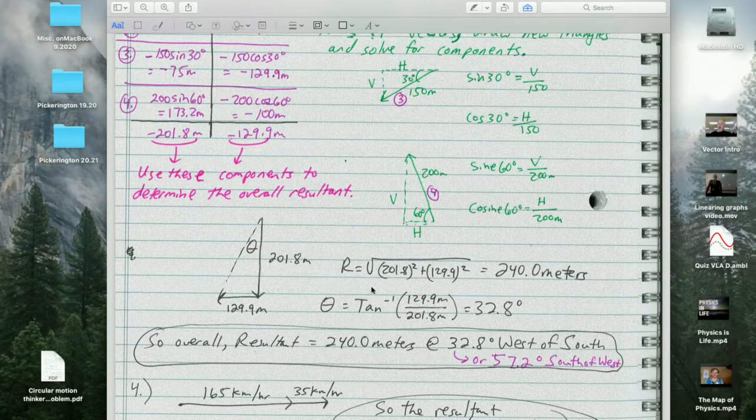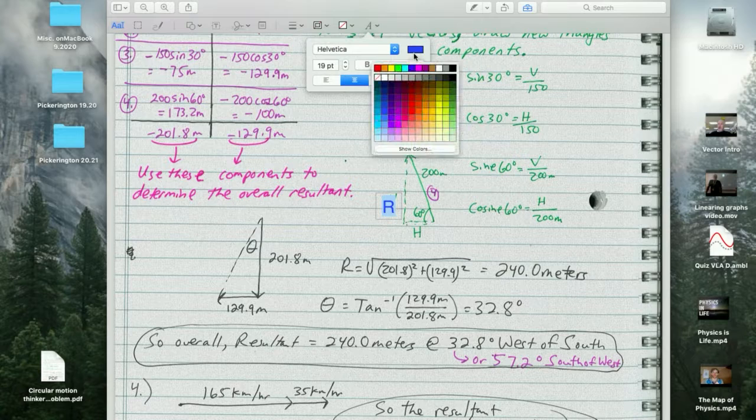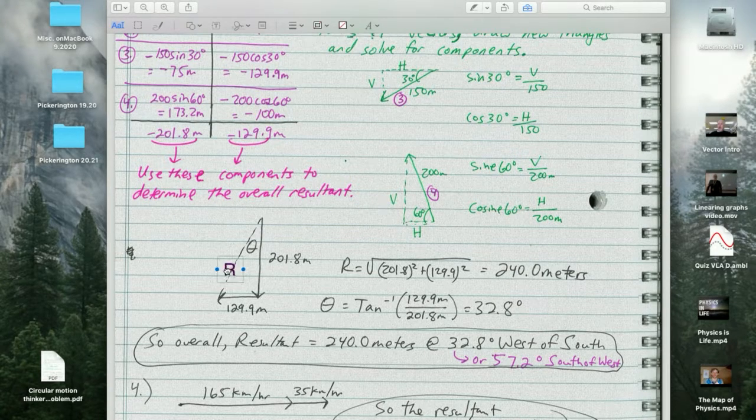So the resultant overall using Pythagorean theorem is 240 meters. That's this part, right there. And the angle, if I use opposite over adjacent, that's equal to the tangent.